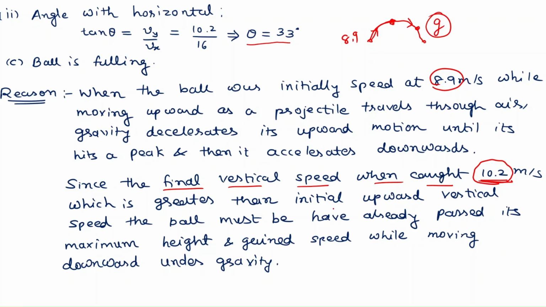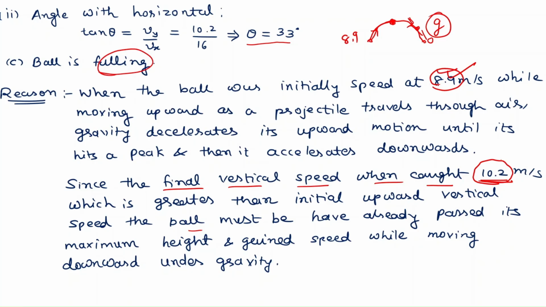So it is greater than the initial speed. This is greater than the initial upward vertical speed, so the ball must have already passed its maximum height, which is this peak, and gained speed while moving downward due to gravity. So when the ball is falling and the fielder is here and catches it, it means the ball is falling. Why?